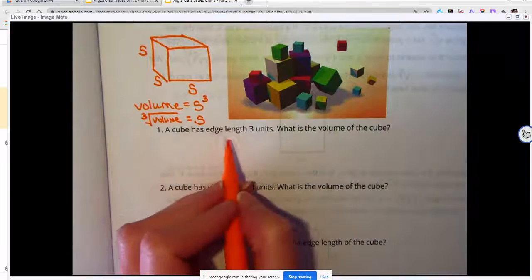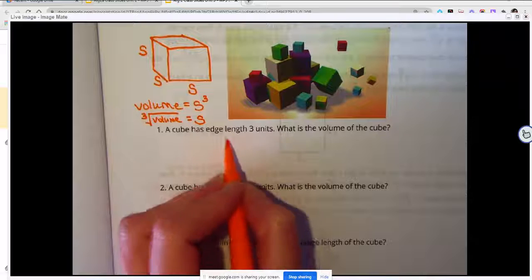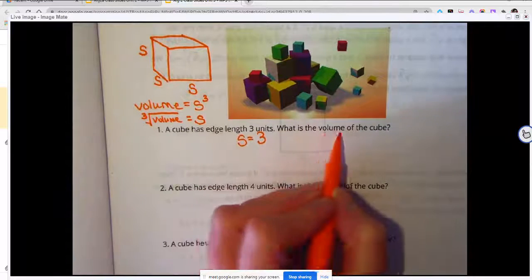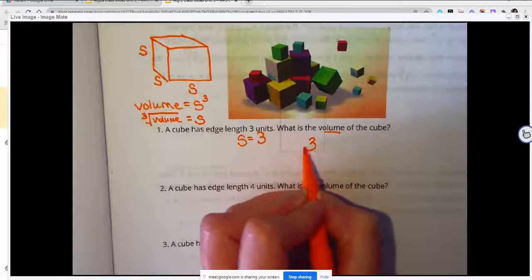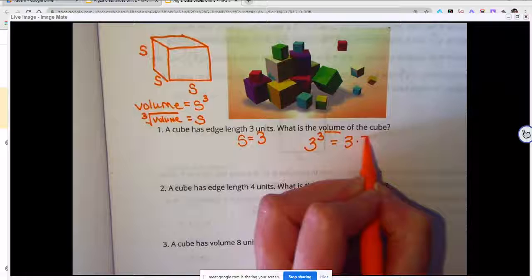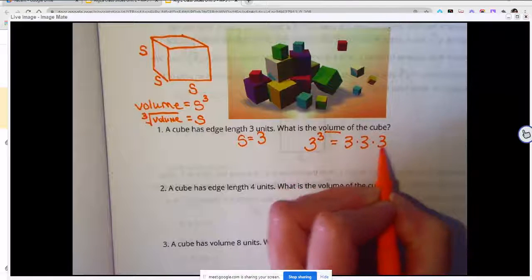So if our cube has an edge length of 3 units, we know that the side equals 3. Volume is just side cubed, 3 times 3 times 3.